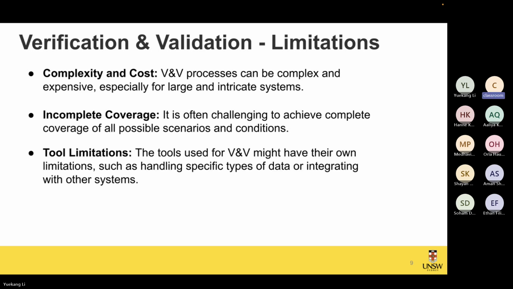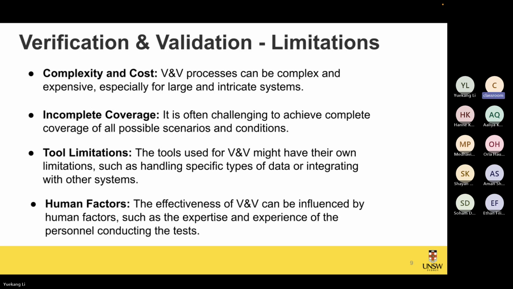And there are limitations for the tools we are using. Because nowadays the software is very large, like there are millions of lines of code, we cannot manually inspect all of them, right? We have to use some automatic tools. And each of these tools has its own limitations. And we will learn about them later.